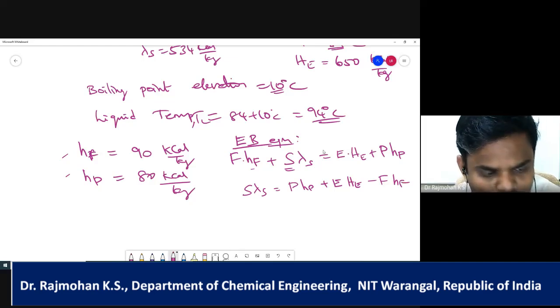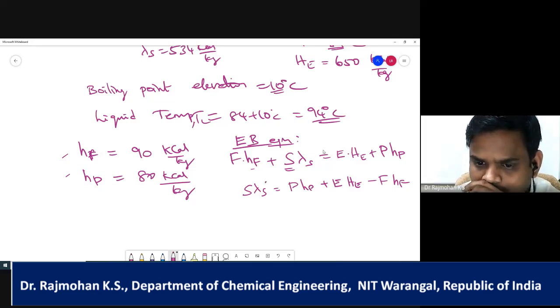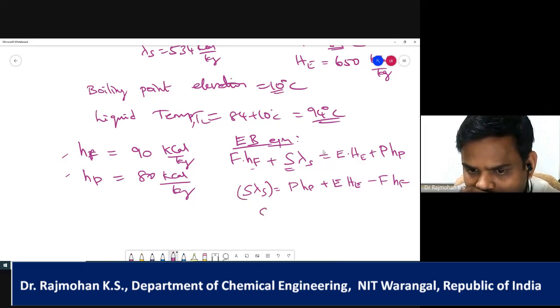This lambda can go to the right hand side and we will get the value of S. So substitute to get the S value.